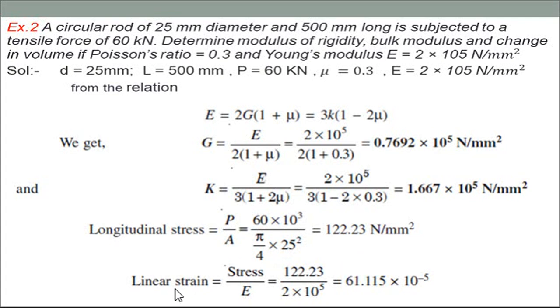Once we get the longitudinal stress, we can easily calculate the tensile strain, because linear strain is equal to the longitudinal stress divided by the modulus of elasticity. So put in the stress we calculated and the modulus of elasticity, and calculate the linear strain.